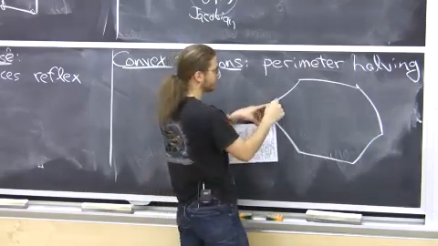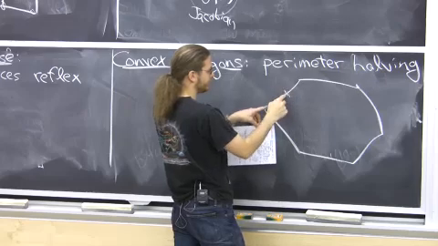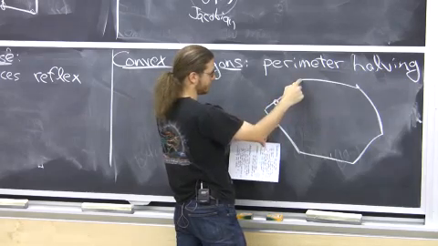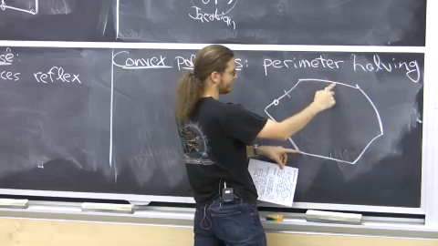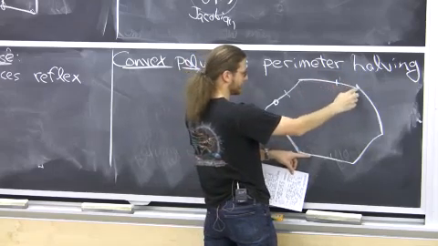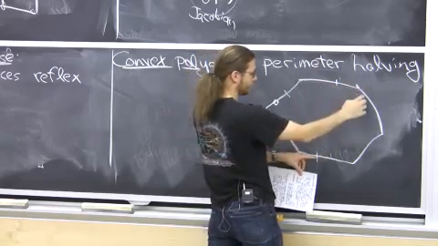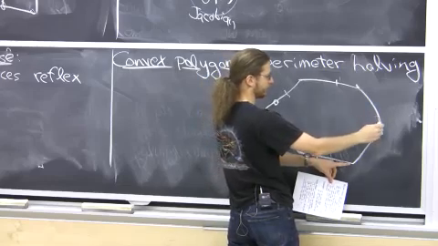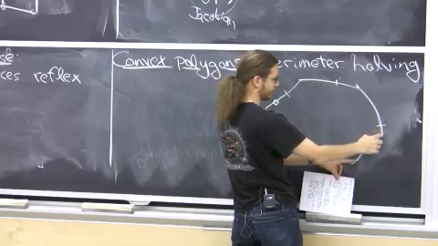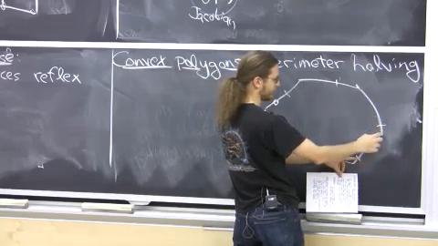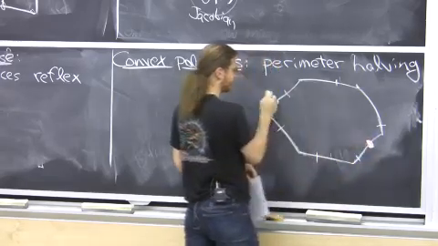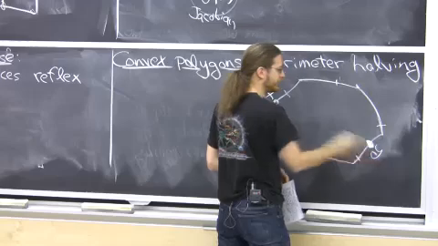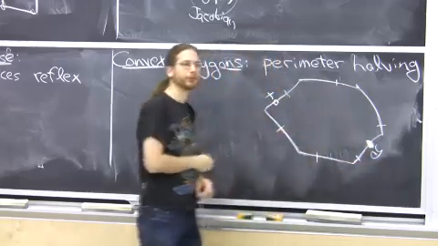So I walk equal distance all around this thing. Same equal speed, I should say. Something like that. Okay. This is x. This is the antipodal point in terms of measuring perimeter.